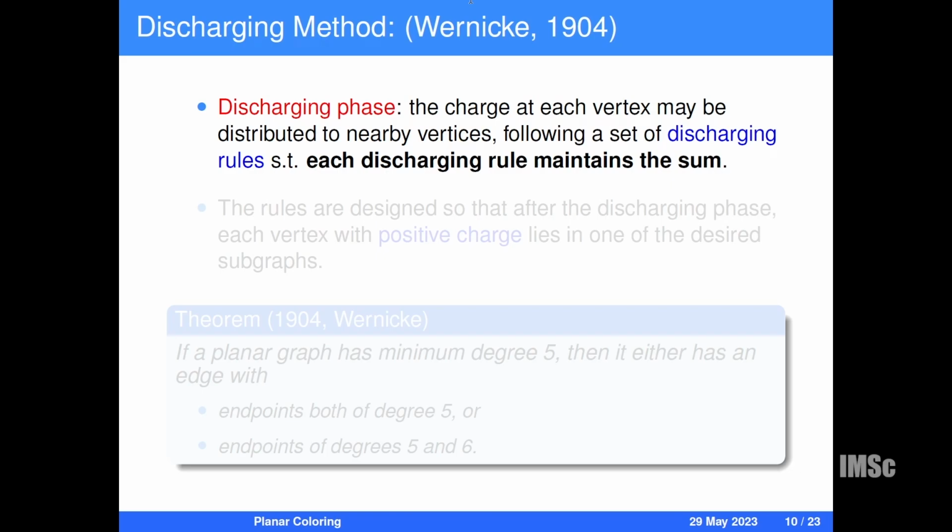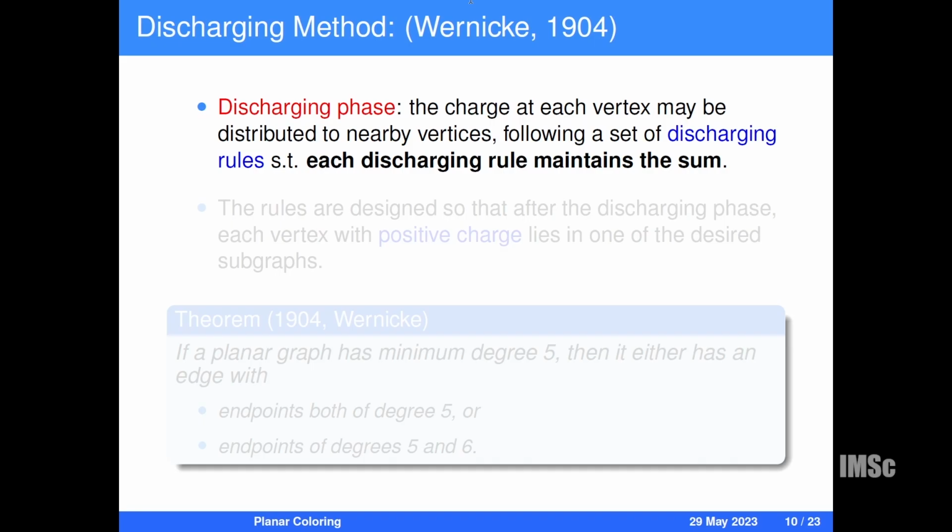In the discharging phase, you have certain discharging rules. These are the important things. You need to frame some rules such that, whenever a vertex V satisfies a particular property, the charge on this vertex V is distributed to its neighbors.